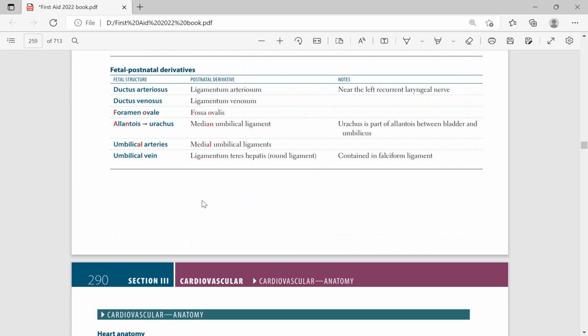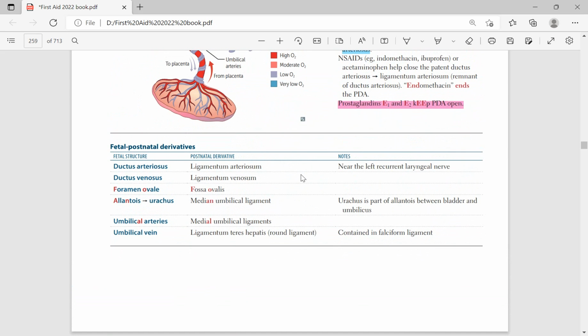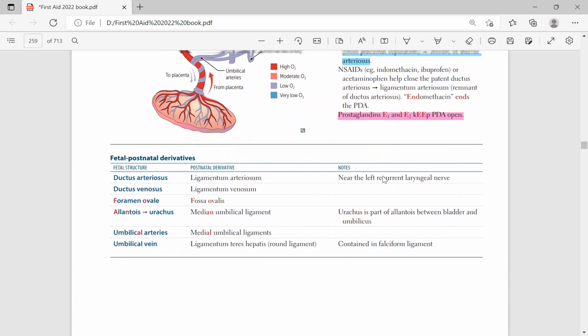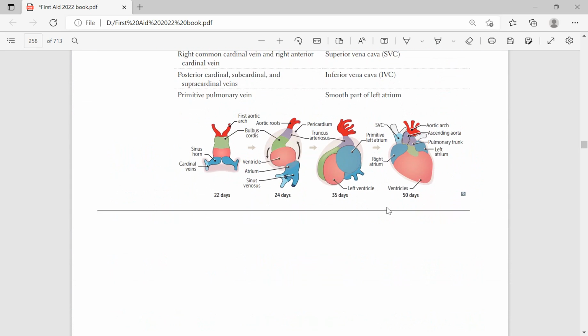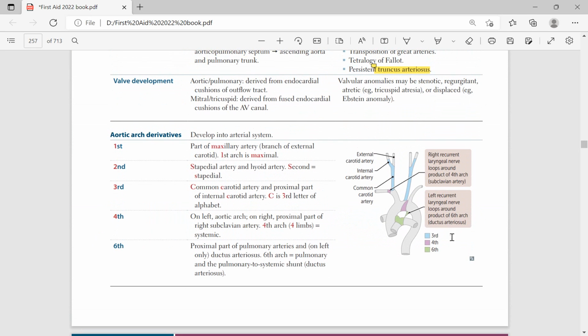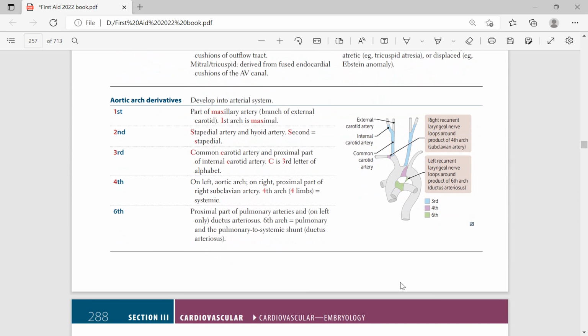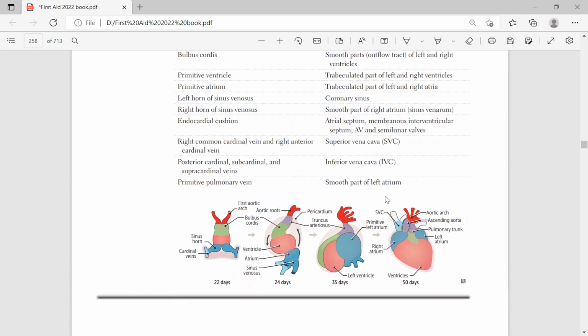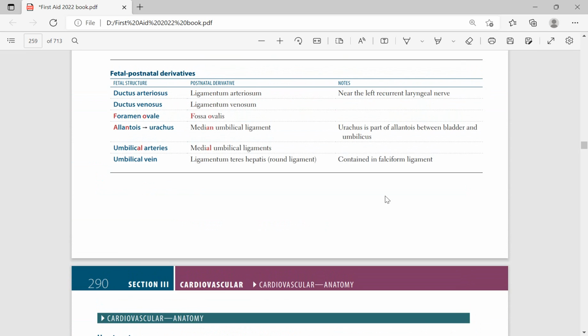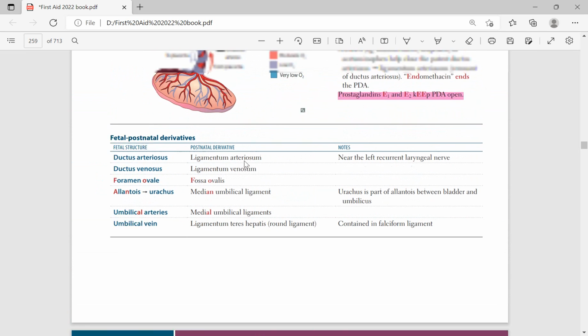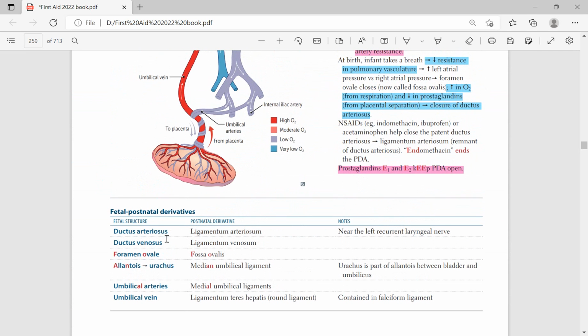Fetal postnatal derivatives. The ductus arteriosus forms the ligamentum arteriosum near the left recurrent laryngeal nerve. The left recurrent laryngeal nerve loops around the derivative of the sixth arch. The sixth arch gives rise to the pulmonary arteries and ductus arteriosus. Three shunts: ductus arteriosus, ductus venosus, foramen ovale.